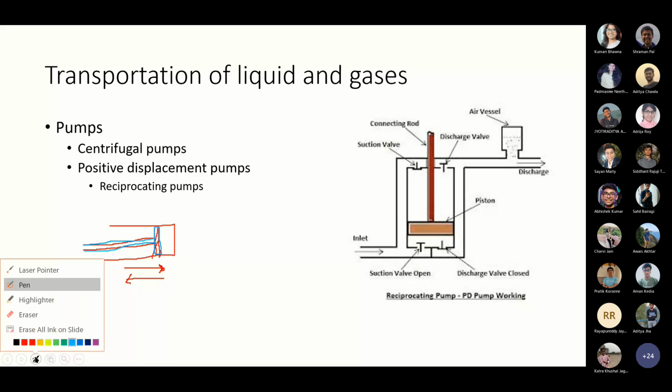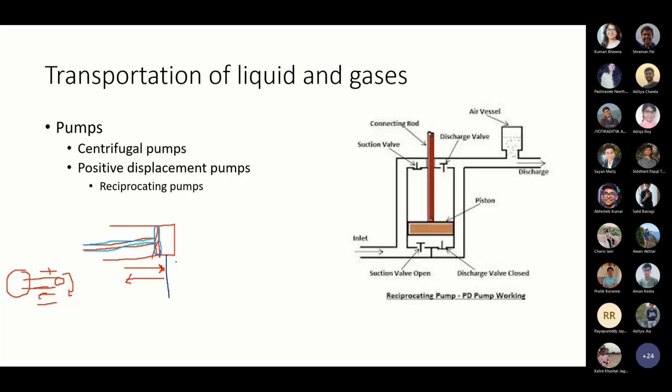Now, let's say this piston cylinder arrangement is connected to a pipe. So this is the inlet pipe, and here we have an outlet pipe.